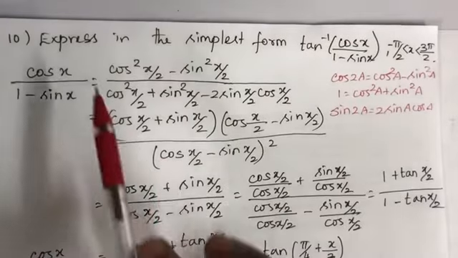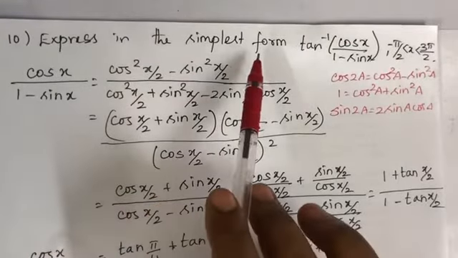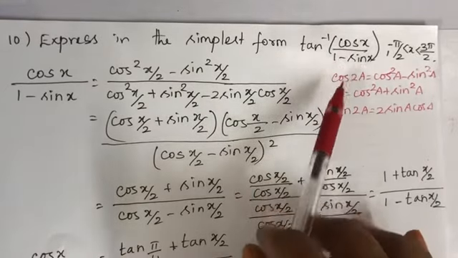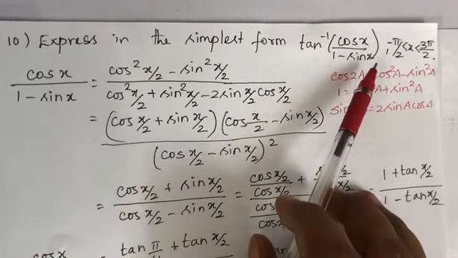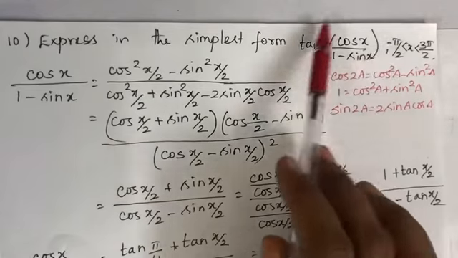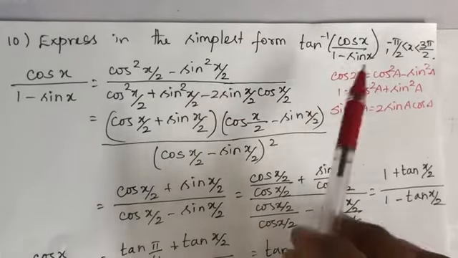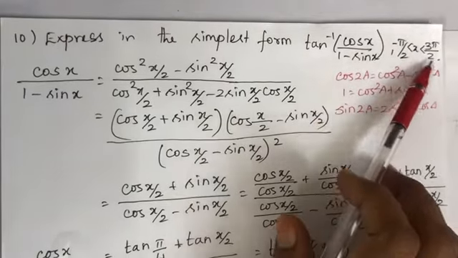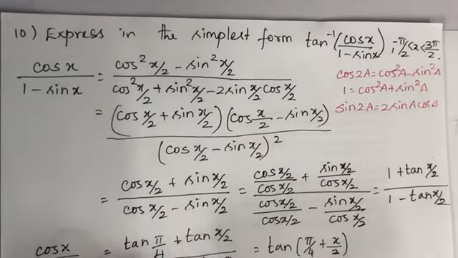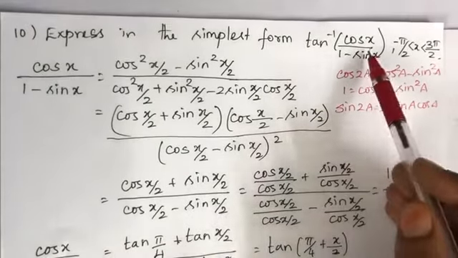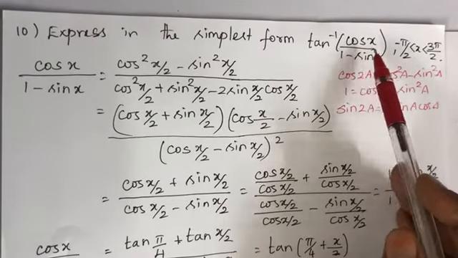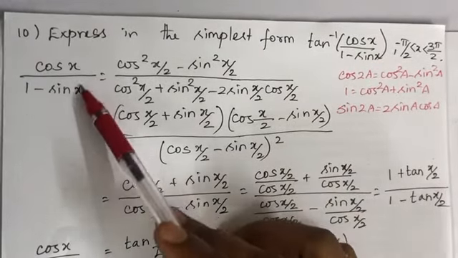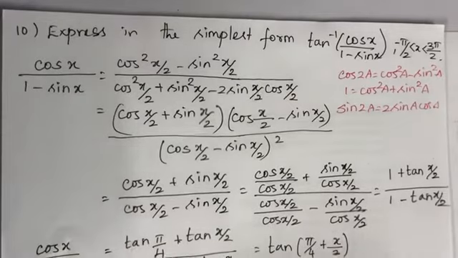10th one, express in the simplest form tan inverse of cos x by 1 minus sin x. We have to express this in the simplest form, and x ranges over minus pi by 2 to 3 pi by 2. Now let's take the expression which is in the brackets, that is cos x by 1 minus sin x.